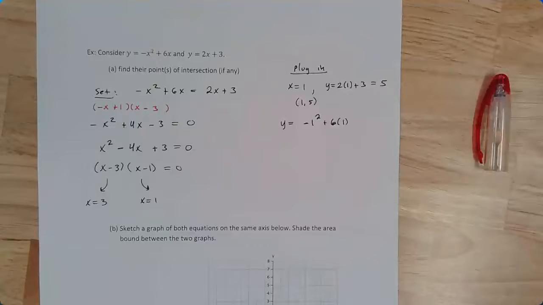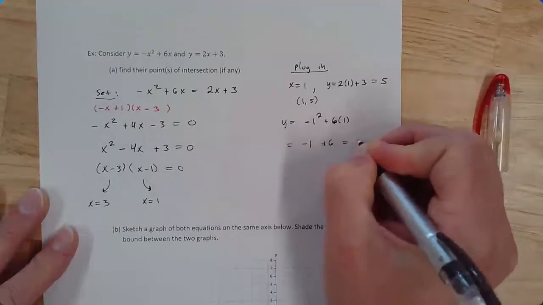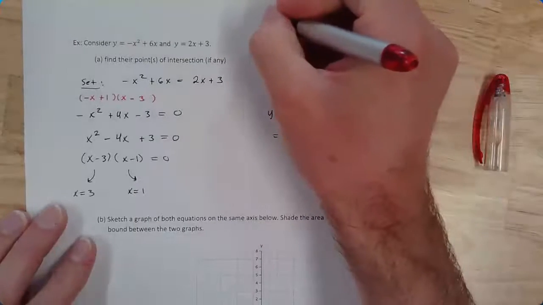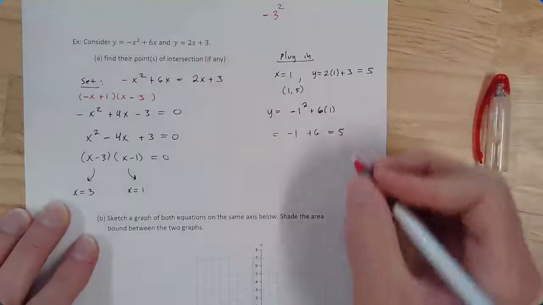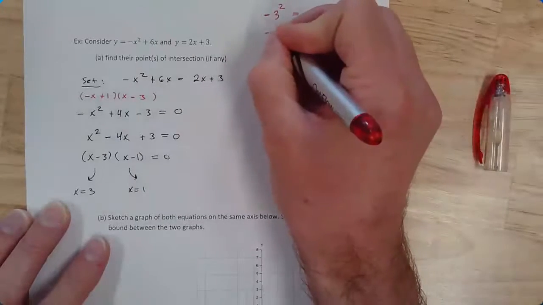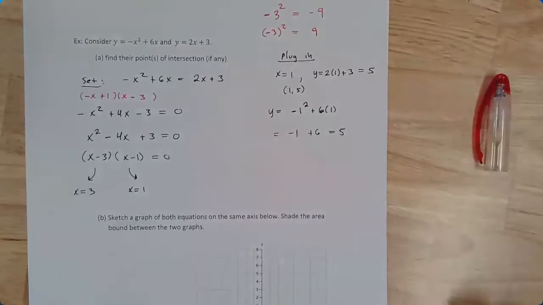So it's 1 squared first, which is 1, and then the negative of that. So this is negative 1 plus 6, which is 5. I just want to point out, negative 3 squared without any parentheses is negative 9, whereas negative 3 quantity squared is positive 9. So be careful with that because it can be a little dangerous on occasion.